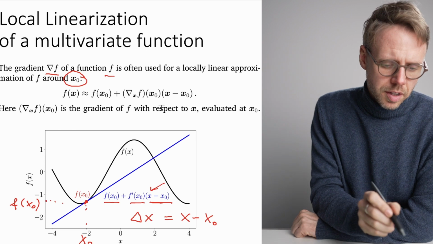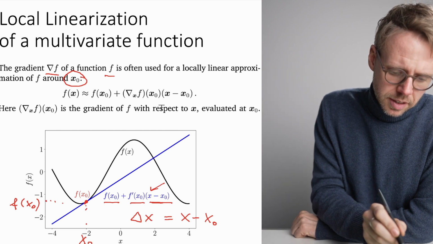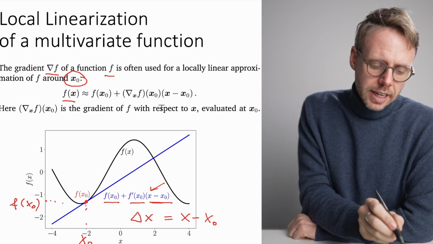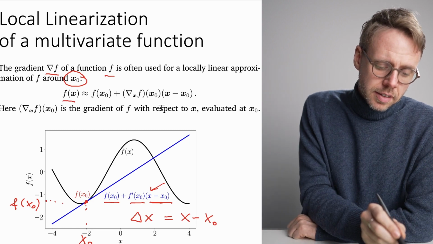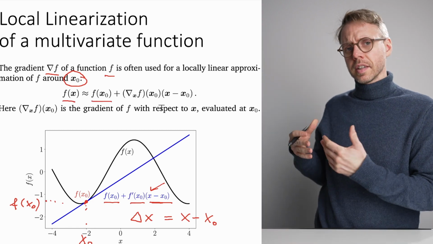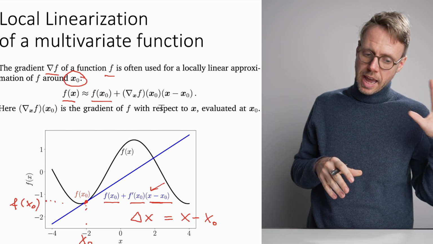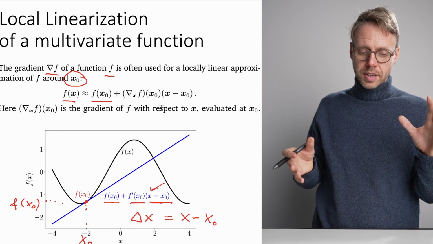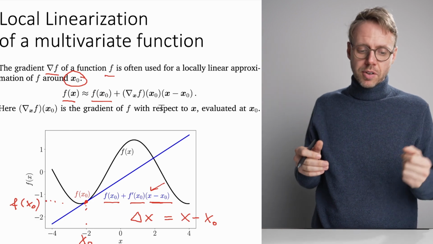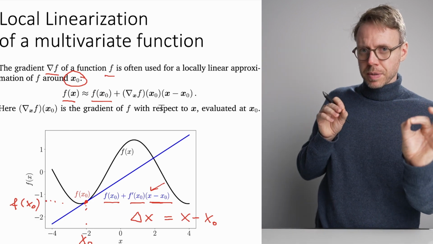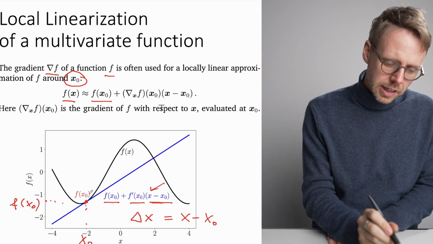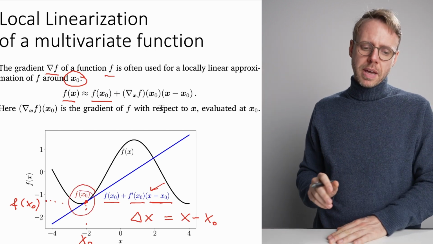So in the multivariate case, we are approximating f at the vector x as f at the vector x0. So remember, x is any point from the domain of f, and x0 is this one specific point where we want to do this locally linear approximation.